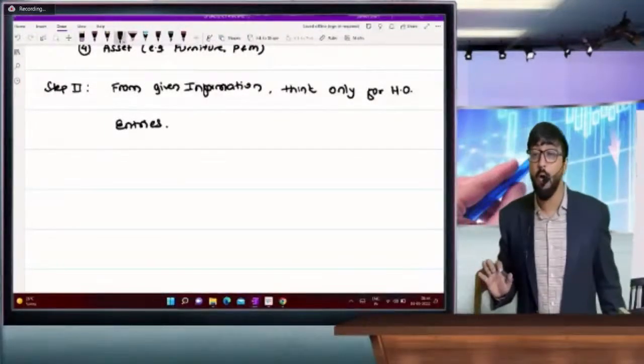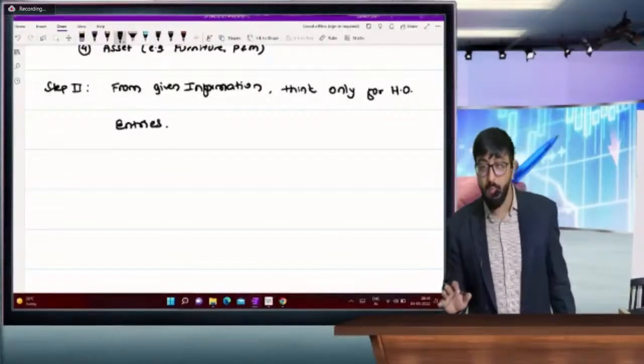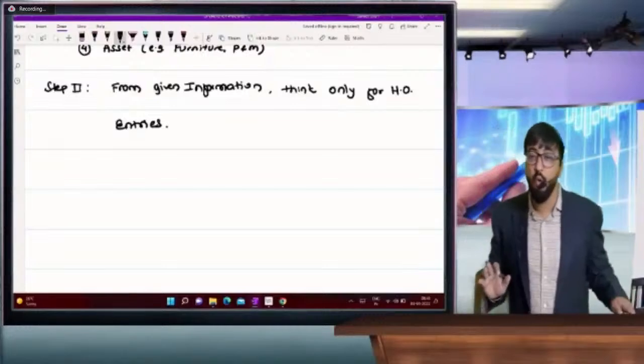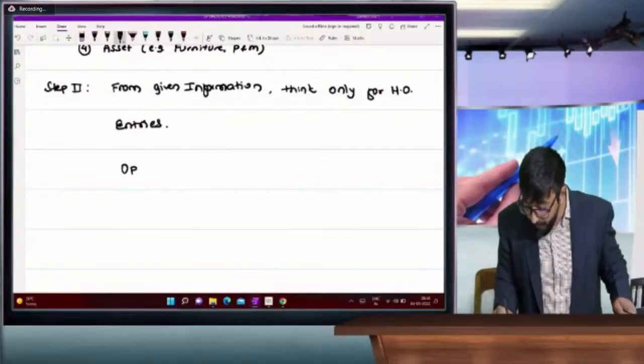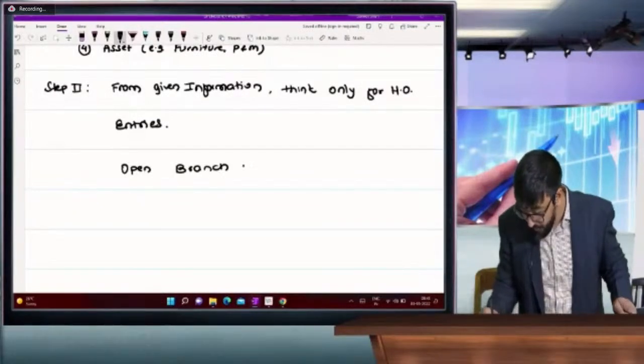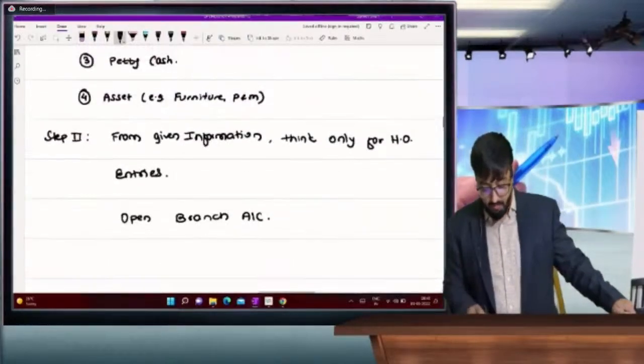Don't think for branch entries. So from given information, think only for HO entries. For that, open the branch account.